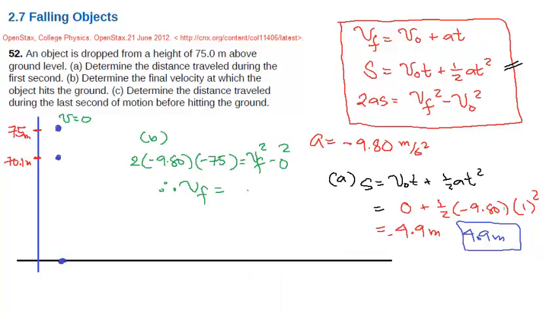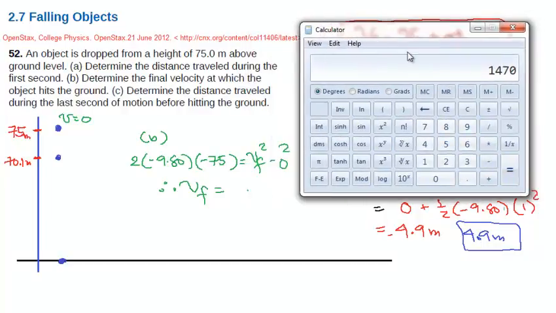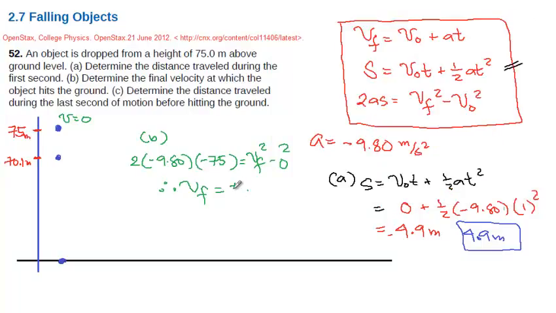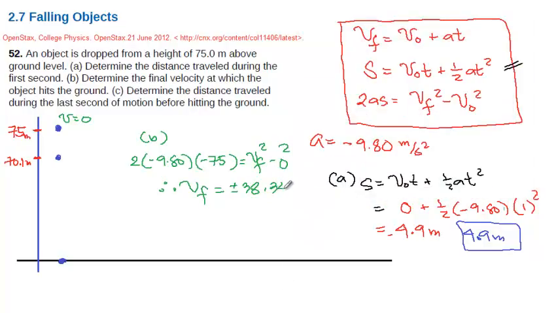Let us solve for vf. It is the square root of 2 times 9.80 times 75, because that's vf squared. The square root gives 38.34, plus or minus 38.34.